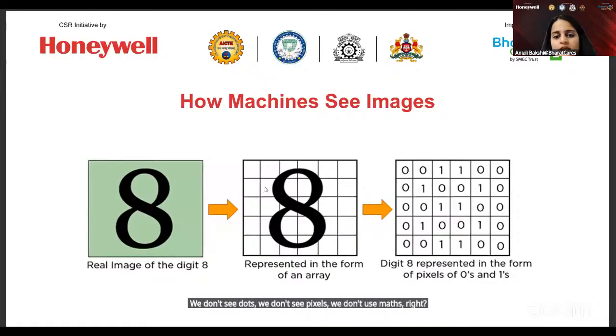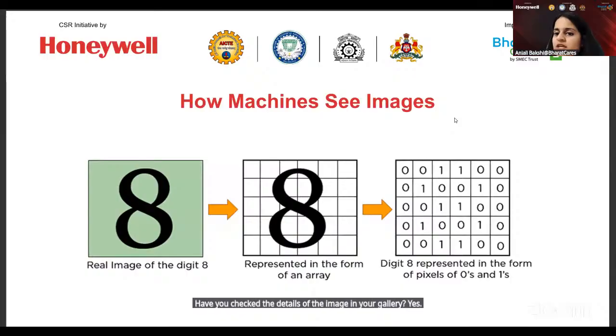Now, what is the second version? Now look at the middle one. In this image, this is the same 8, right? But now these small boxes are called pixels. What is a pixel? Have you clicked any image on your phone, and have you ever checked the details of the image in your gallery?